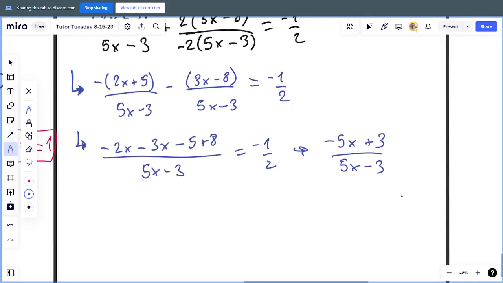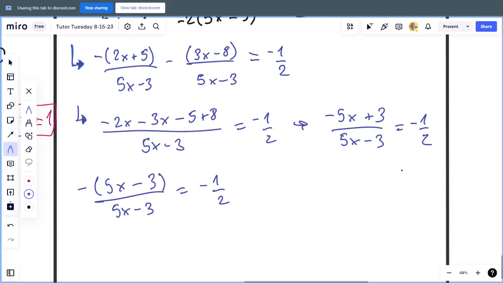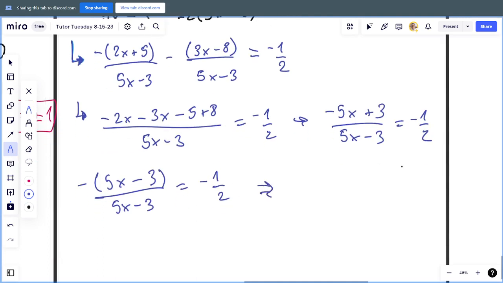Right, so we could factor this even further. If I factor a negative from the top, we get negative of 5x minus 3 over 5x minus 3 equals negative 1/2. And that gives us negative 1 because these two things cancel out to 1.